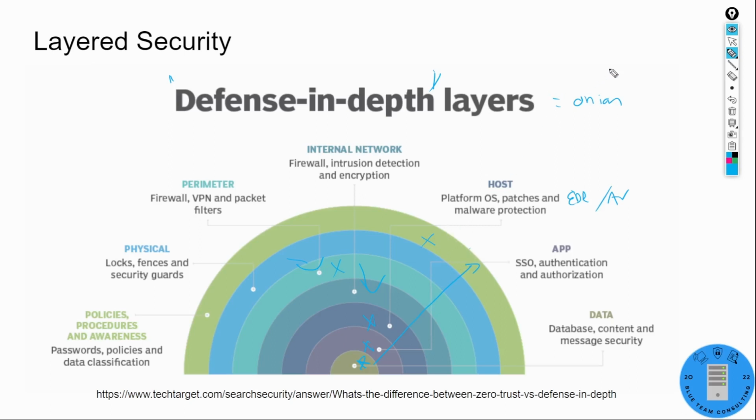So I just wanted to cover the onion that is the defense in depth strategy that we try to apply to our organizations to ensure we have the most layers possible, protecting our data to the best that we can in terms of CIA.